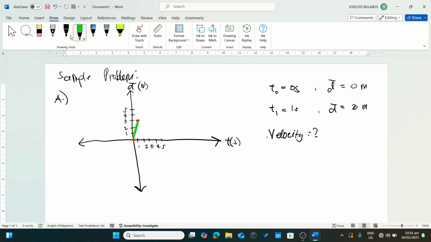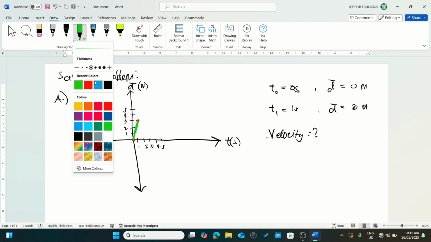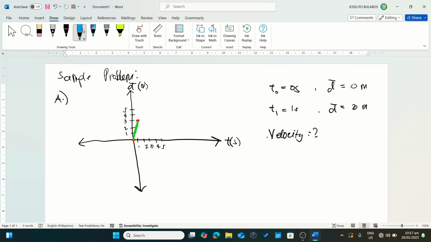Now, if I wanted to know the velocity, I would have to find my y-axis and then my x-axis. So this is my y. The change in y is how much? From 3 minus 0, that is actually 3.